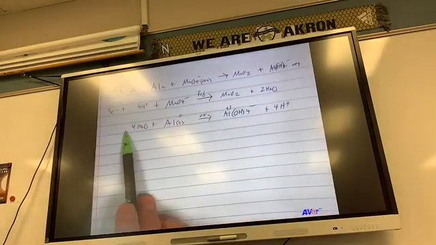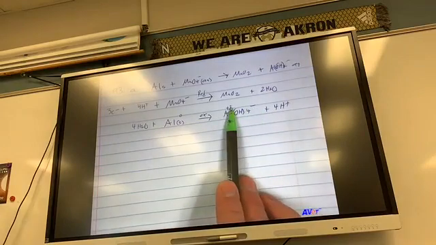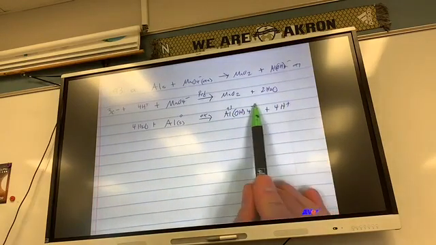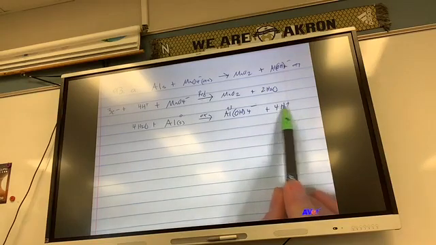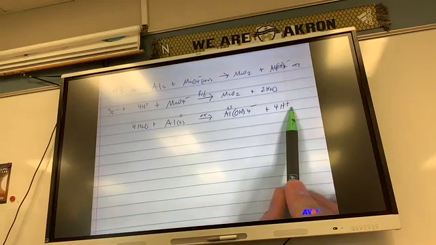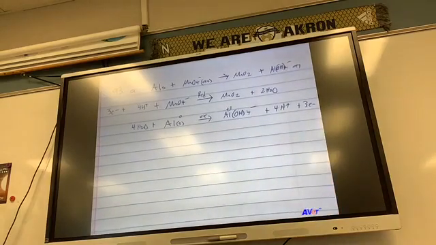This side I got 0. This side I have -1. Remember, that was just the charge of aluminum. This whole thing is -1. This side I have a positive 3, so you add 3 electrons. Well, that's sweet, because my electrons are balanced, right?